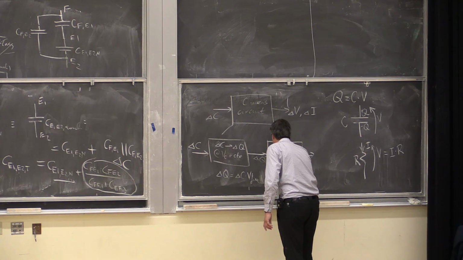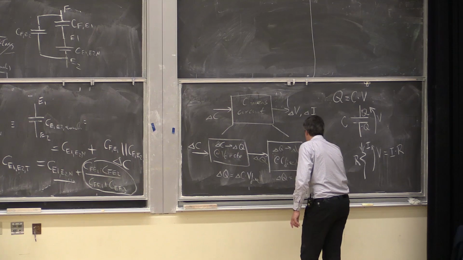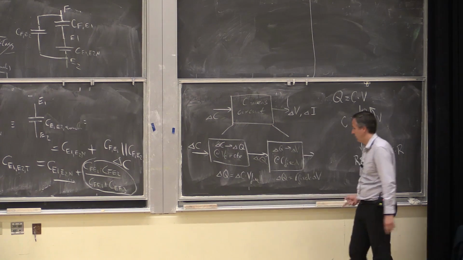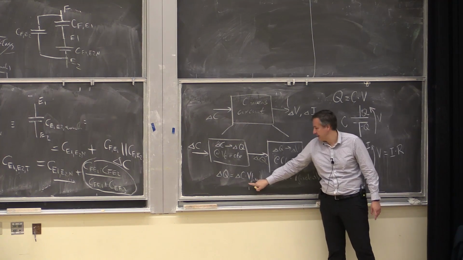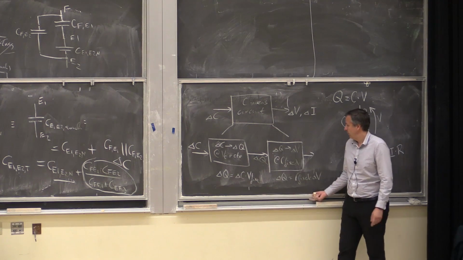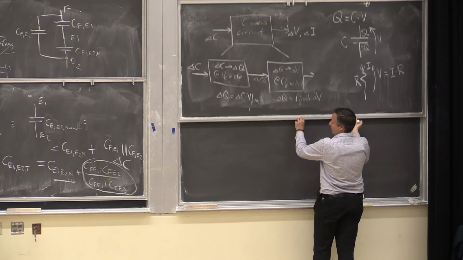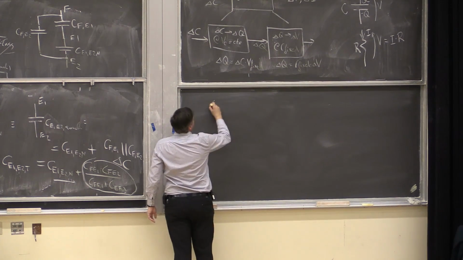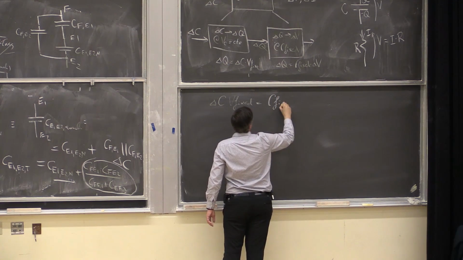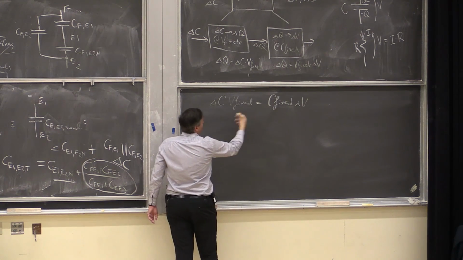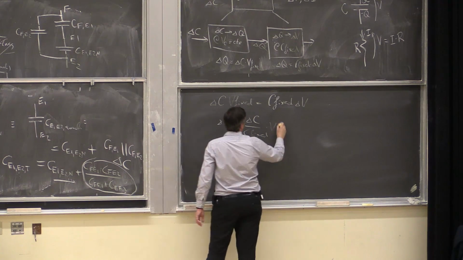So that will be something like delta Q equals C fixed times delta V. I can then just replace delta Q here and find that delta C times V fixed equals C fixed times delta V. And from here, delta V is delta C over C fixed times V fixed.